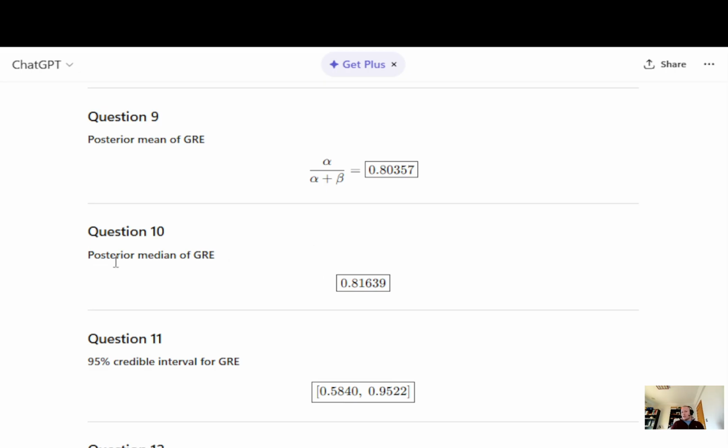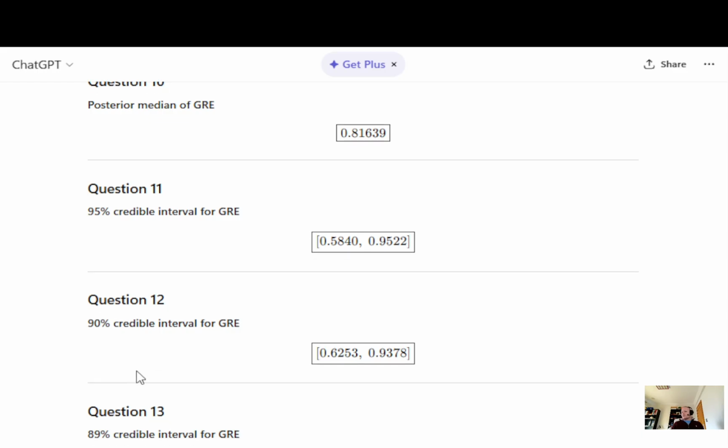And when we calculate the posterior median, which is the 50th percentile of the posterior distribution, which is 0.816. Again, if you do these numbers in base R or in some other packages that allow you to calculate the posterior median, you will get this number.